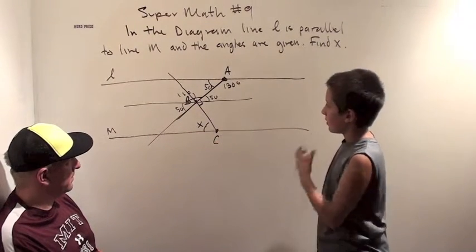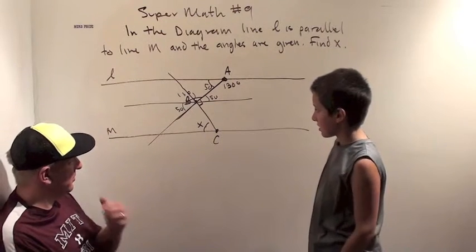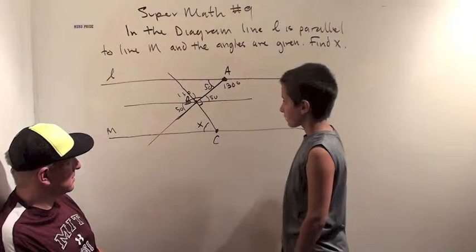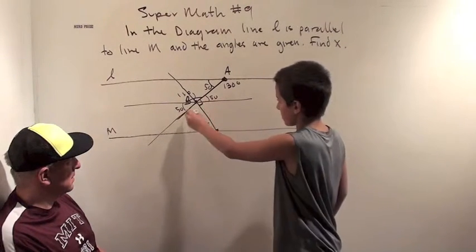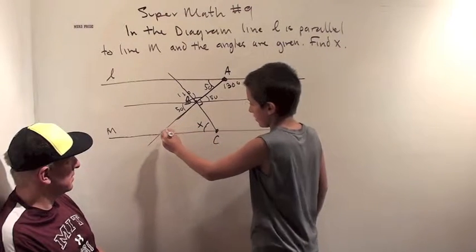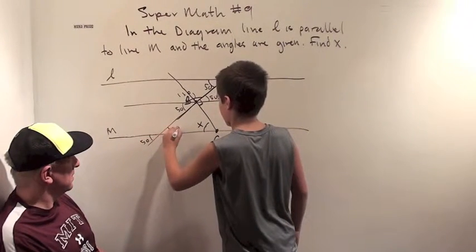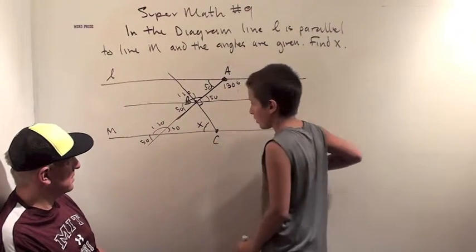Good. And we need to find angle x. Yeah, we're trying to find angle x. So we can still use this line. This is 50, that's 50, and this is 130.